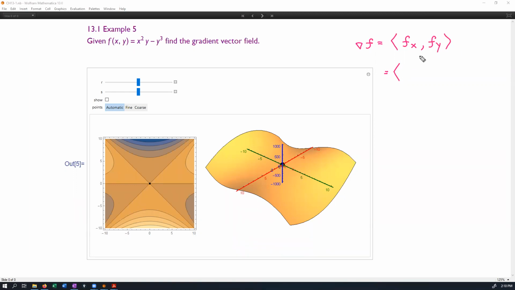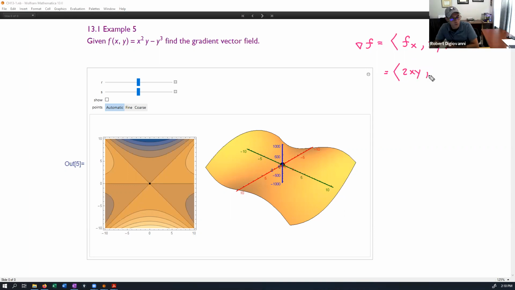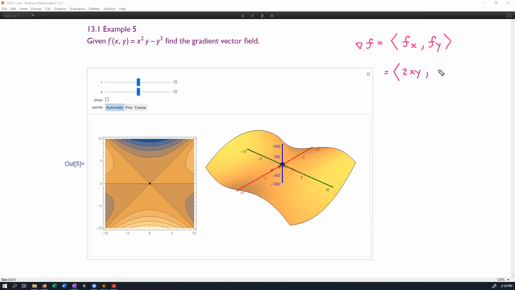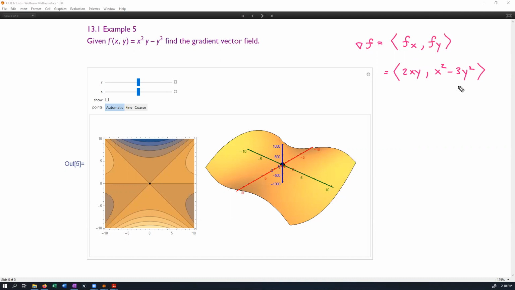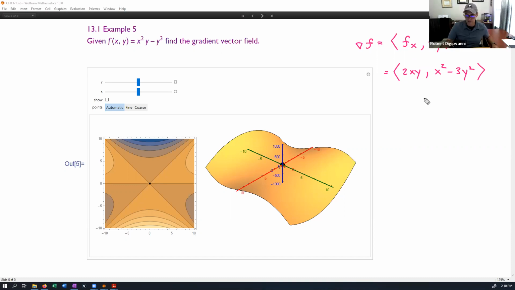That'd be 2xy. 2xy, and then the partial of f with respect to y? That'd be 1 minus 3y squared. X squared minus 3y squared. I'm sorry, x squared. No, that's good. You're good. Don't apologize. At least you're responding. That's good.